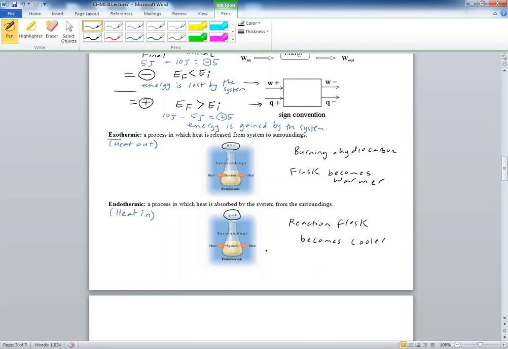So anything that you have to put energy into is endothermic. This could be like evaporating something. You're putting the energy in to evaporate it. But an exothermic process is the one that actually releases heat after the reaction took place.